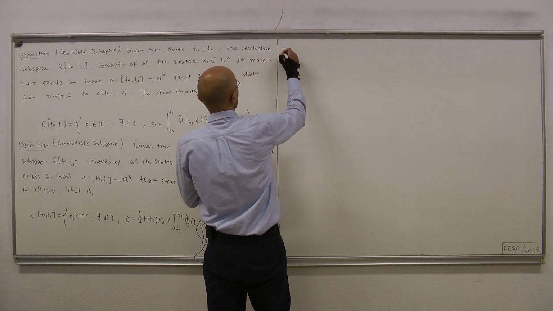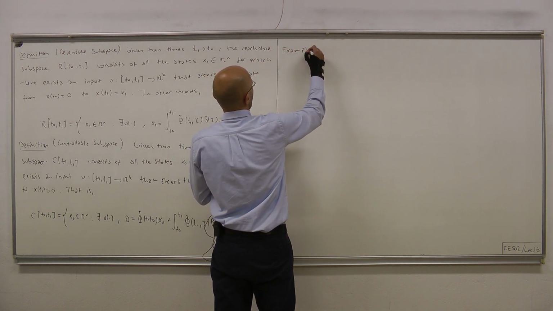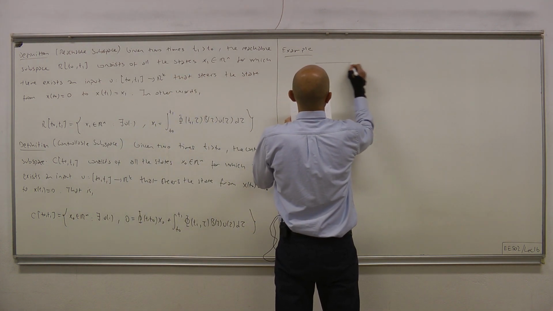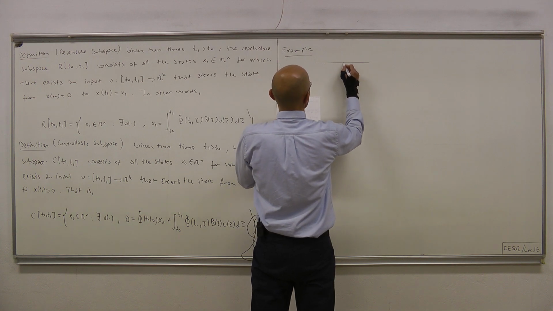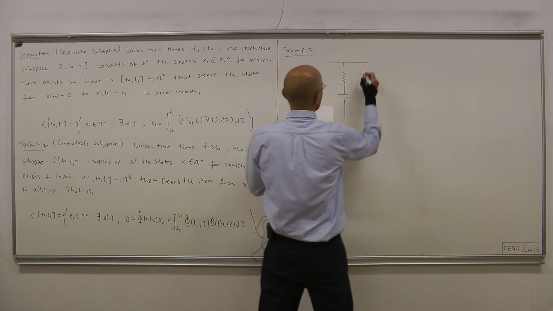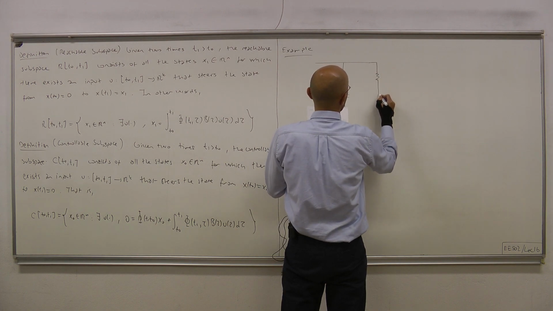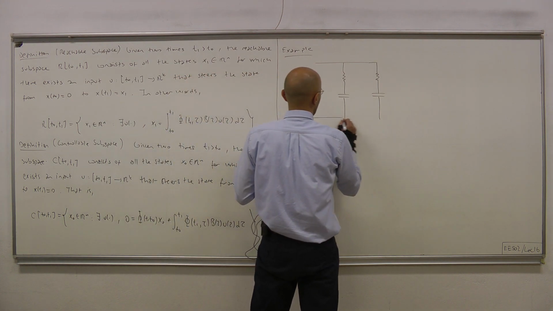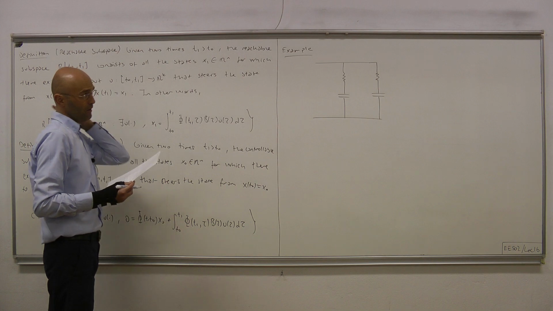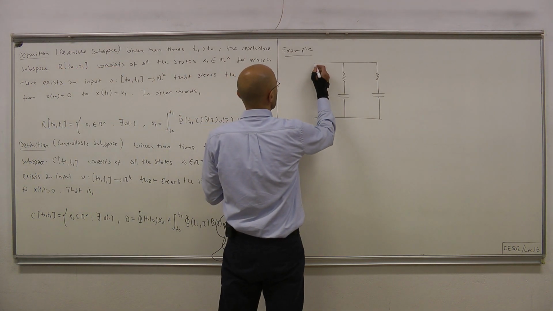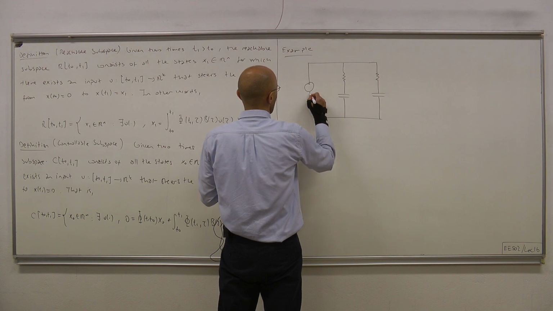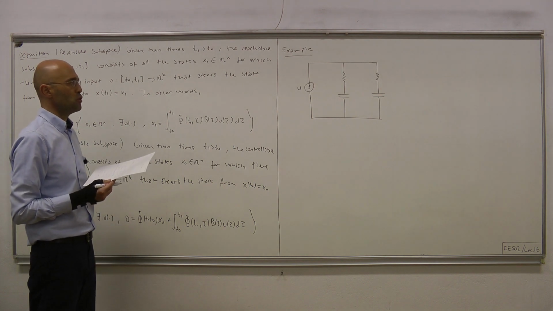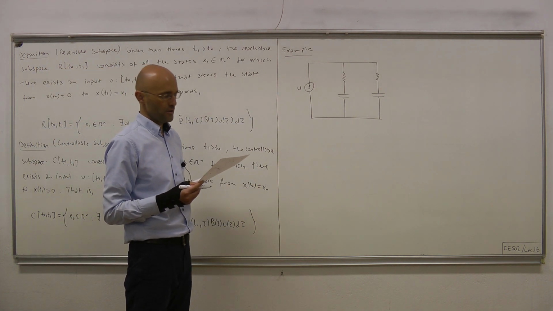Consider the following second order LTI circuit. We have two RC branches connected in parallel as shown, and this combination is driven by a voltage source, and the voltage being applied is called U. So this is the input to our system.